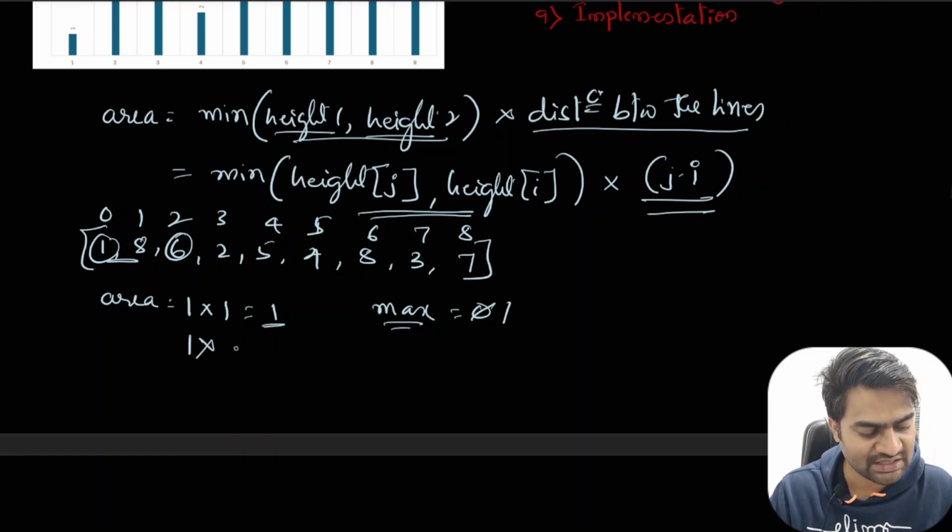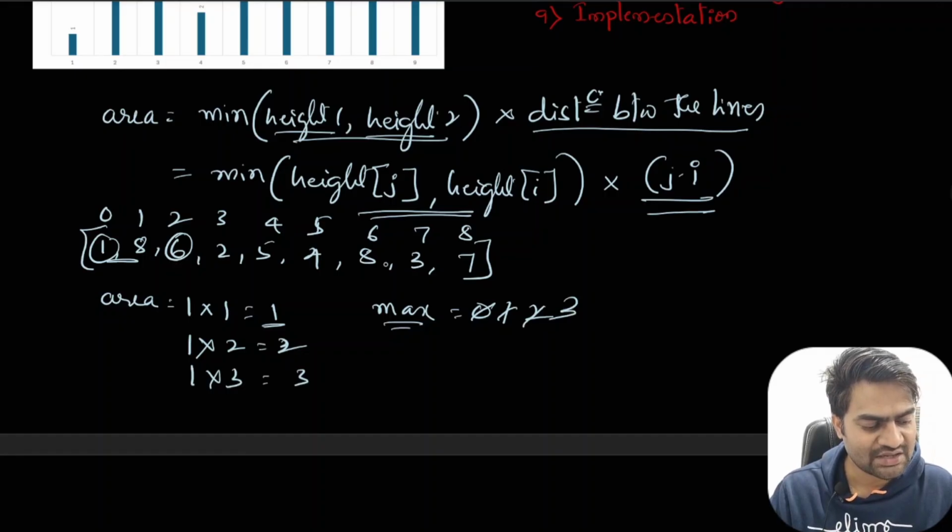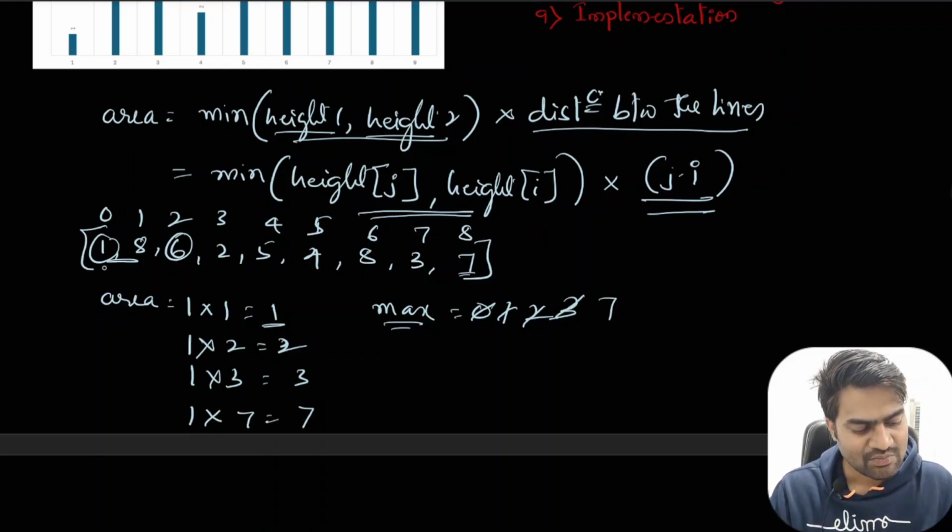Initially it will be 1, then it will be 2, so it becomes 2, then I will update this with 2, then with the next value it becomes 3, then I'll update this with 3, and so on. For the last value it is something like 1 into the distance is 7, so max will be 7. So this is by comparing with this particular first value.